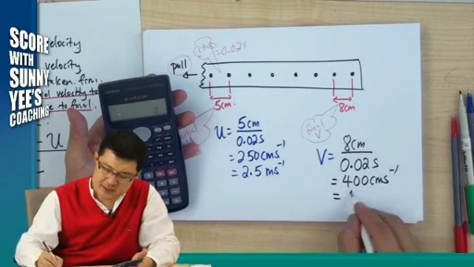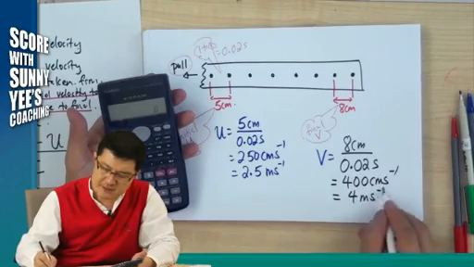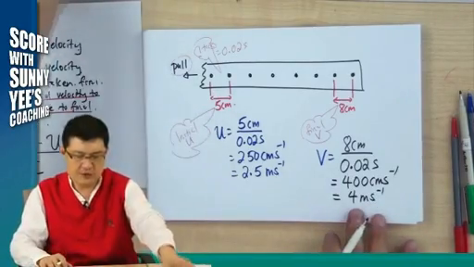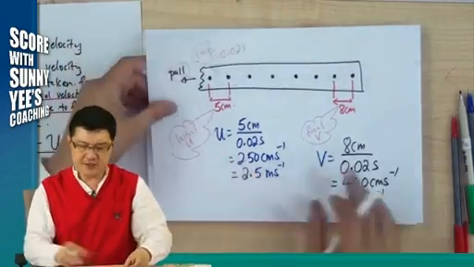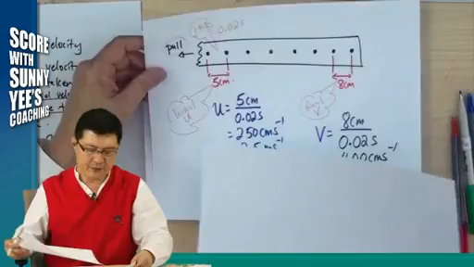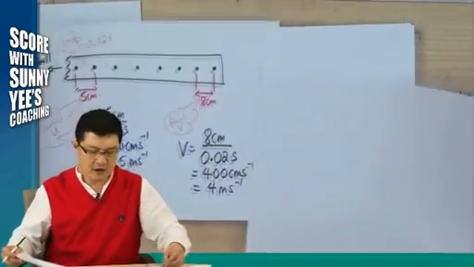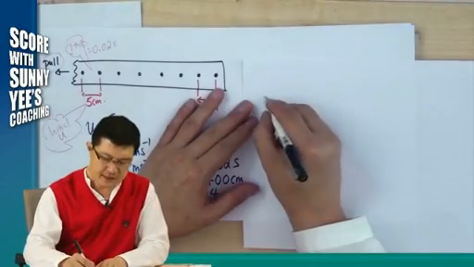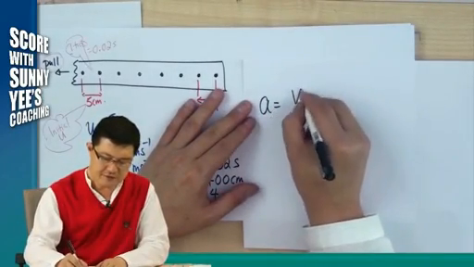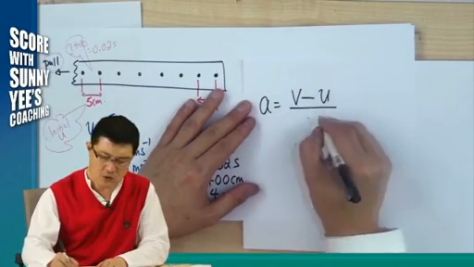I change it to meter, 4 meter per second. Can you follow? So this is the initial, this is the final. So now I will substitute into the formula of acceleration. Acceleration is v minus u over t.